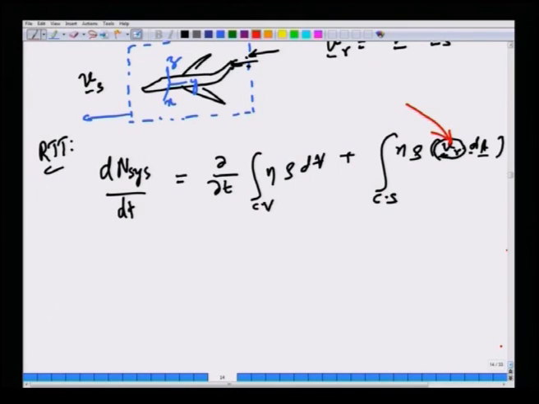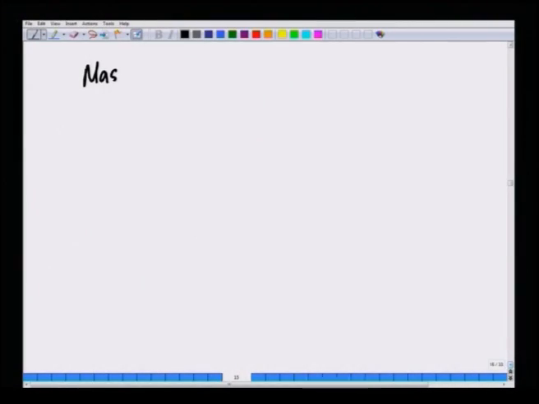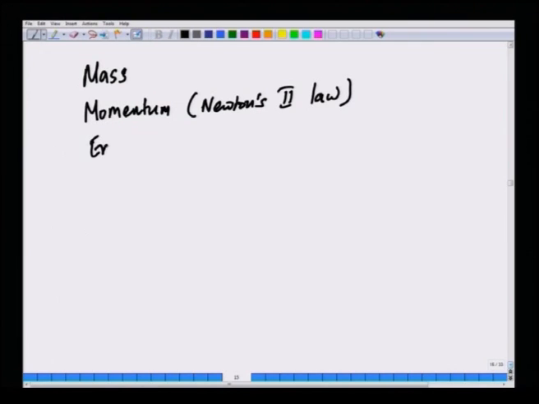Now, once we have this tool, we can apply it to the fundamental laws of physics that are as applicable to a fluid. So, essentially we will apply the law of conservation of mass to the CV, then the law of conservation of momentum, which is Newton's second law, and conservation of energy, which is the first law of thermodynamics.